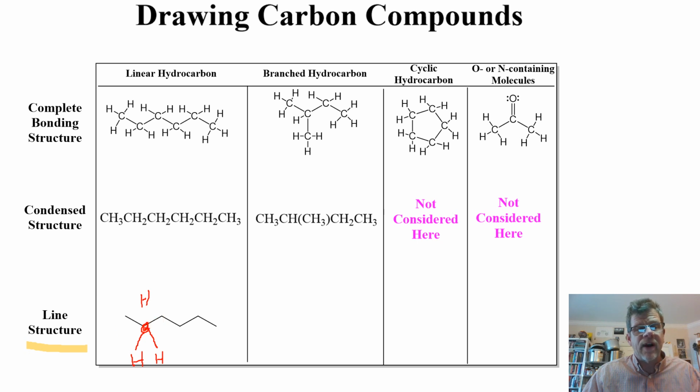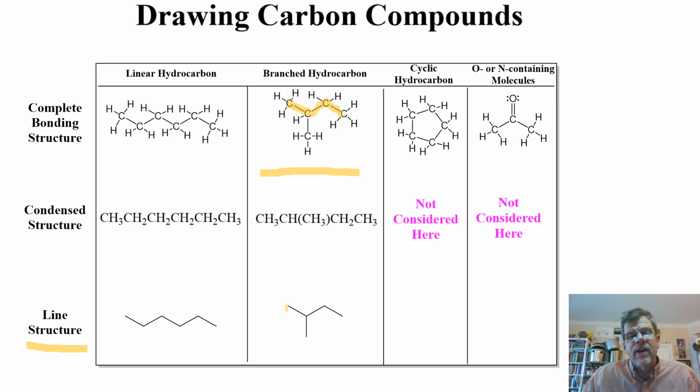But look at this now. Again, the line structure is just a little squiggle, as we see here. Let's take a look at how our representative branched hydrocarbon gives itself over to line structure. Wow, that's much easier. Look at that. So that 4-carbon parent structure that we touched on before is given right here, with carbons implied at the ends and the bends, and of course sufficient hydrogens on each carbon to satisfy the rule of 4.